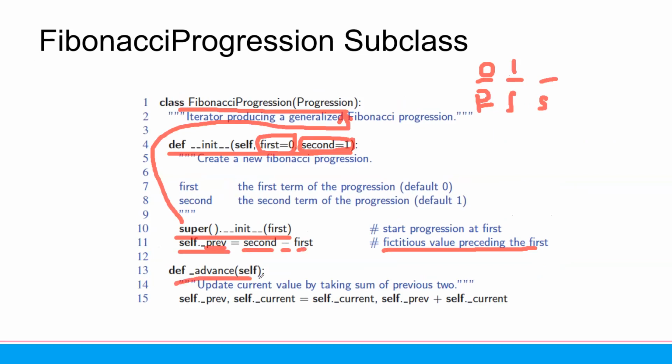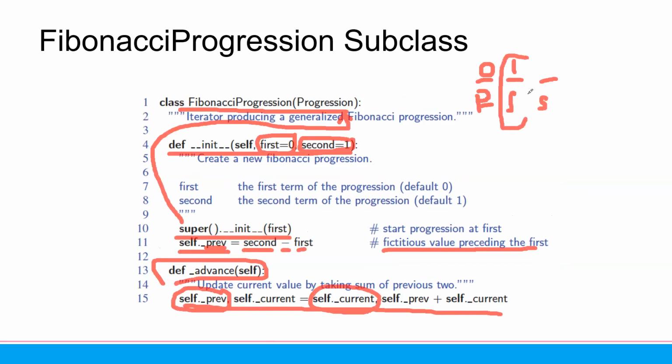And for doing the advance, for looking at the next value, we can use this formula. The previous will be the current. So if I have the next value, then the previous will be the current.